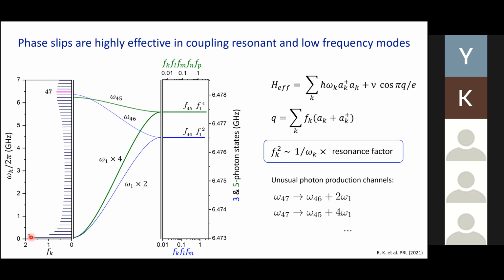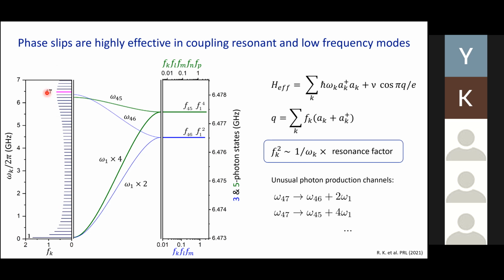The length of these bars shows the value of the coefficient Fk. What is special about this nonlinearity in Q is that the coefficients Fk have not only a maximum around the resonance of the small junction of the impurity, but they also have this strong tail at the very low frequencies. So there will be very efficient processes to split a photon.